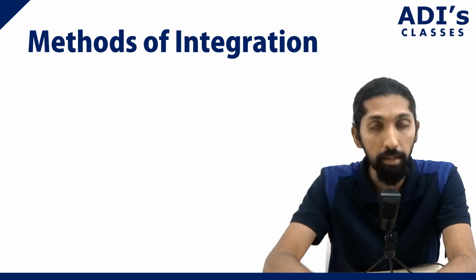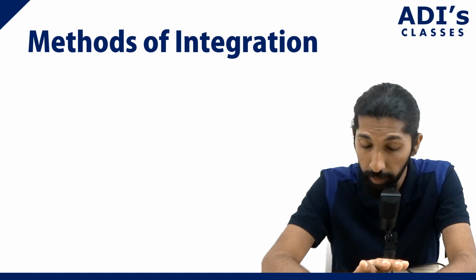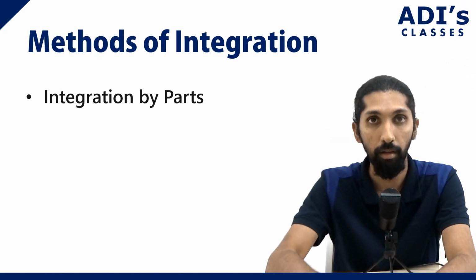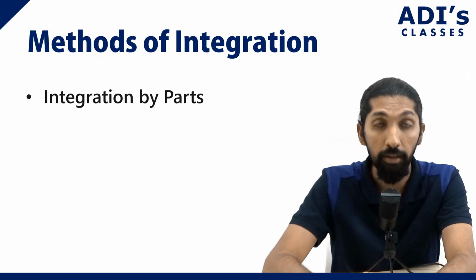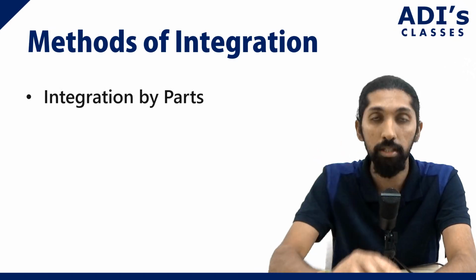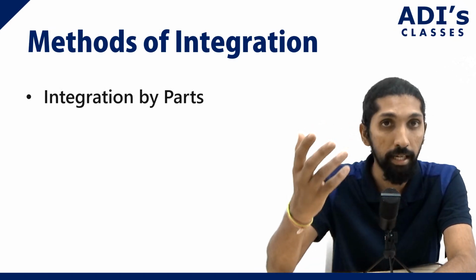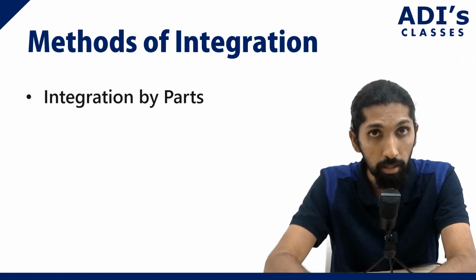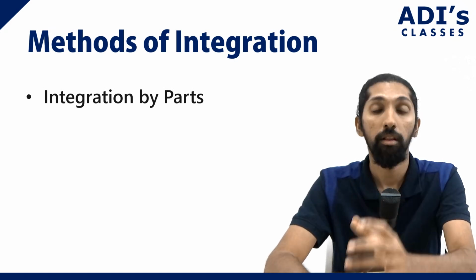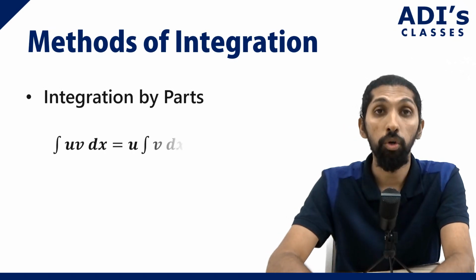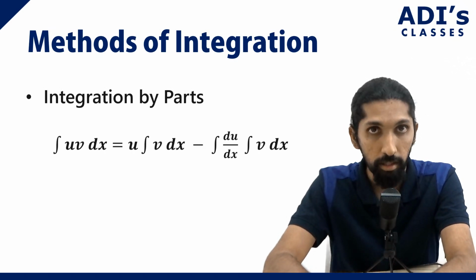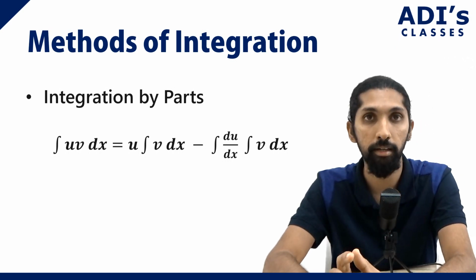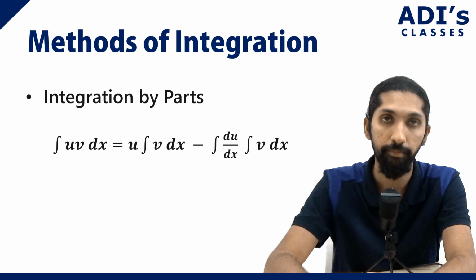The third type of solving, which is very, very important, is integration by parts. Now, parts, what do we have? If you have two functions, and you're trying to integrate these two functions, then there is a formula and there is a precedence, correct? The formula is u into integral of v minus integral of u dash into integral of v dx, of course.